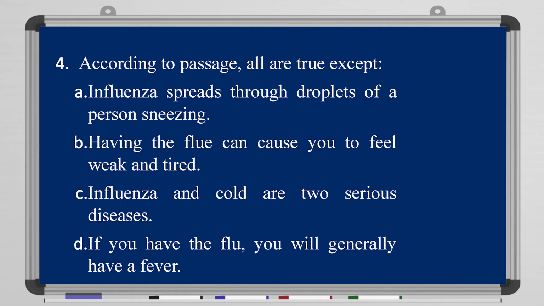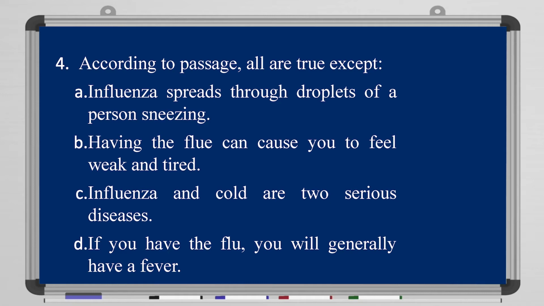According to the passage, all true except. So all these sentences are true, except one of them is not. So one of them is a wrong answer. So let's take a look carefully and closely. Influenza spreads through droplets of a person sneezing. Having the flu can cause you to feel weak and tired.